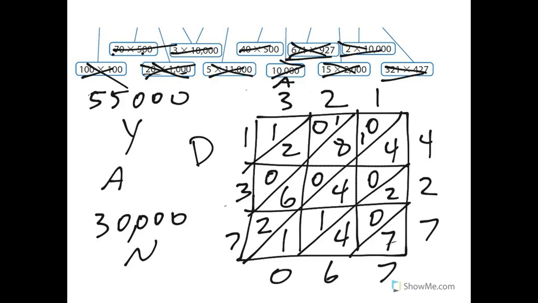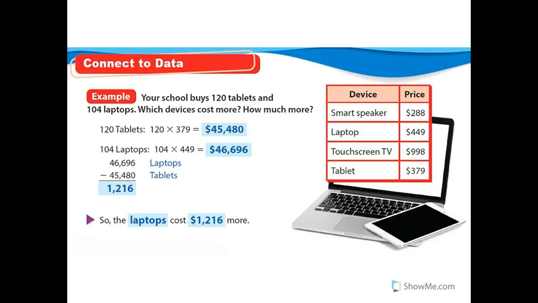Well, all right. Let's connect all this to some data. Your school buys 120 tablets and 104 laptops. Which devices cost more? How much more? So they buy the 120 tablets, so multiply it by 379, because that's how much the tablet is, and they get 45,480.